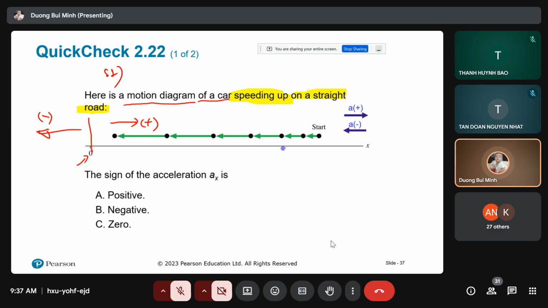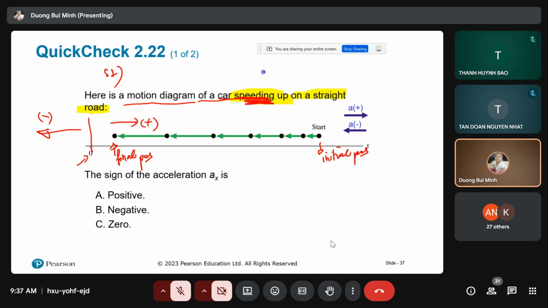Now look, the initial position here, and after some time, this is the final position. When we observe, you can see the velocity increases, speeding up.